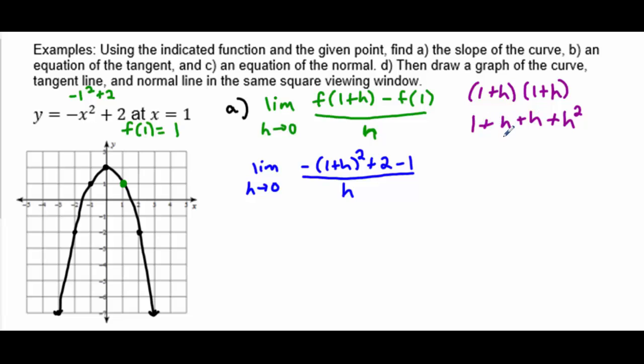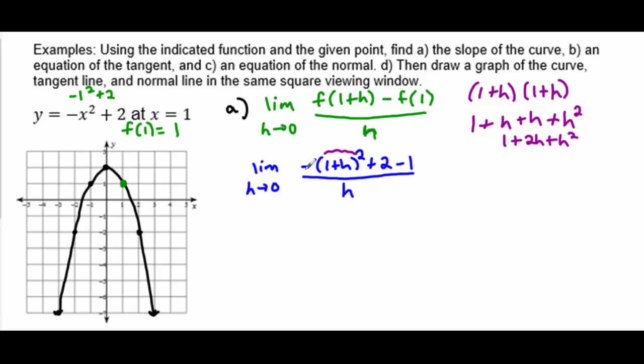So that means that this is actually 1 plus 2h plus h squared, and it's really important that you do that and don't forget about that middle term. Now that's what this part is. So I'm going to replace 1 plus h squared with 1 plus 2h plus h squared.